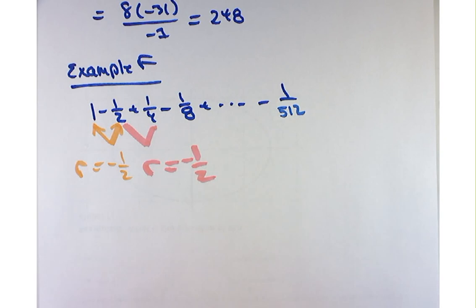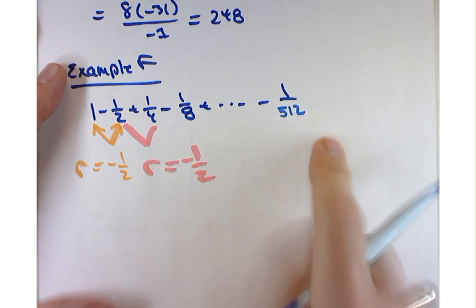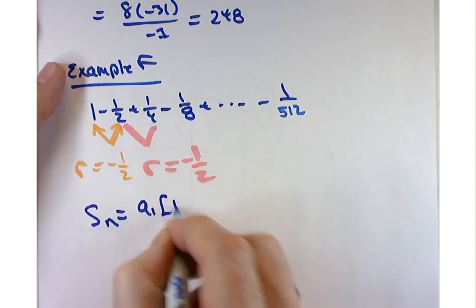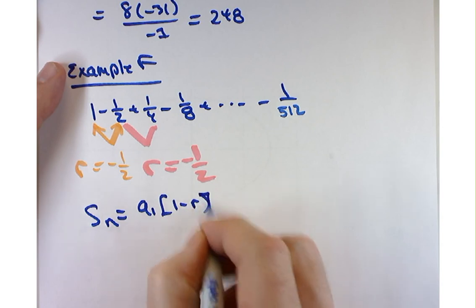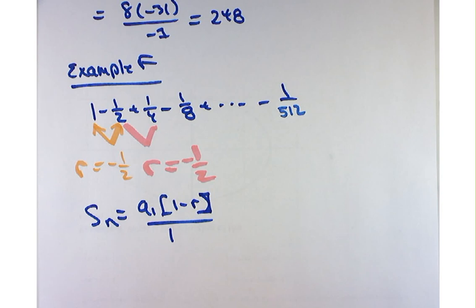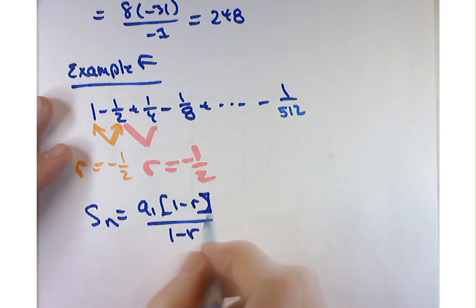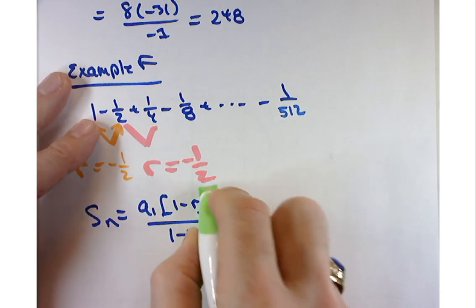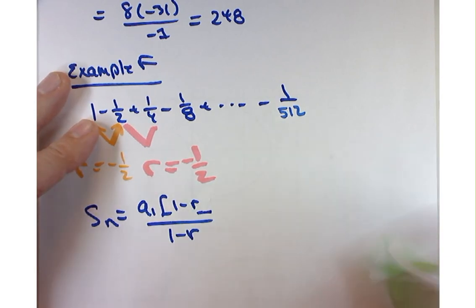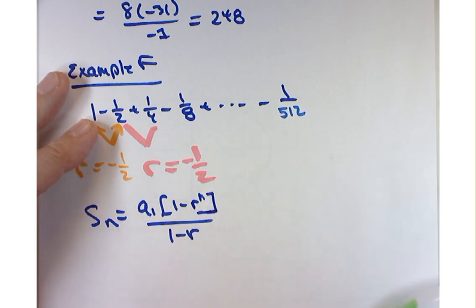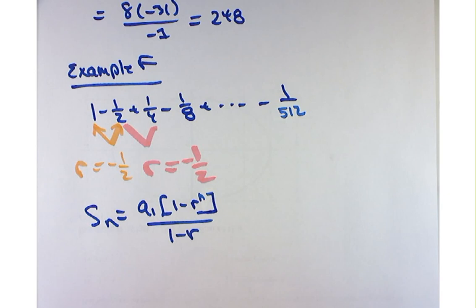So if I want to find the sum of these terms, S sub n equals A sub 1 times 1 minus r to the nth power over 1 minus r. And I need to squeeze in an n up here. I got a problem.